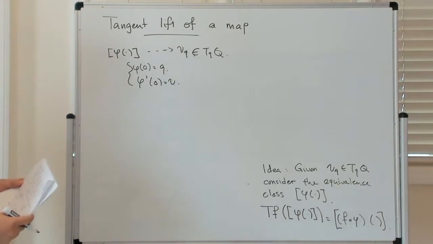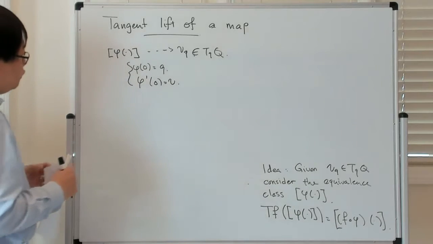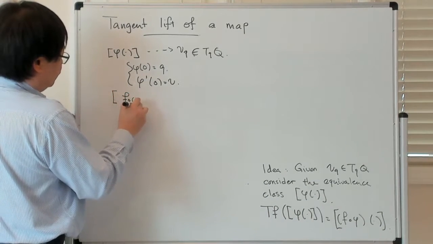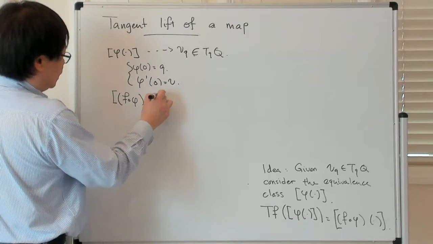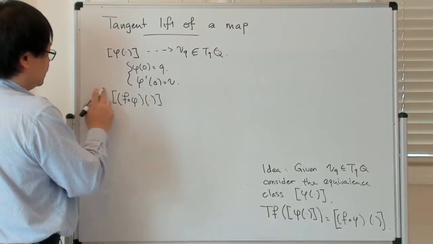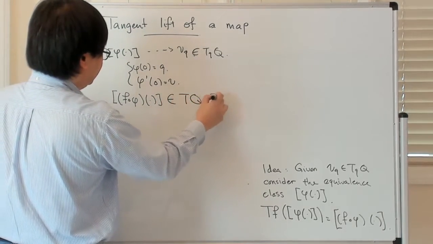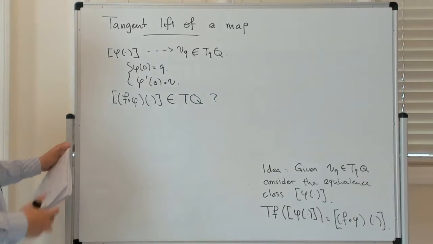In coordinates, all this turns out to make sense. So if you ask what is this composition, F composed with the original curve, what vector is this? This is an element of TQ, but what is it? What you do is the same thing.